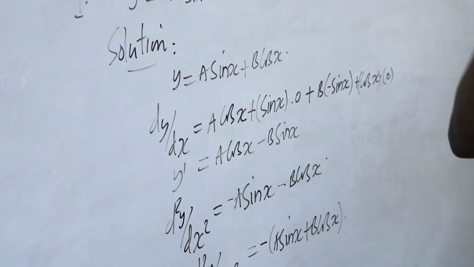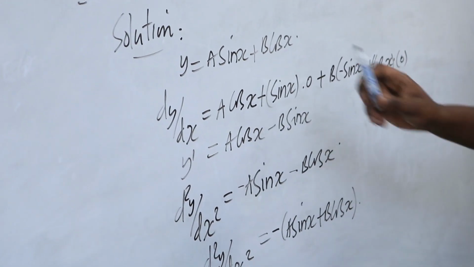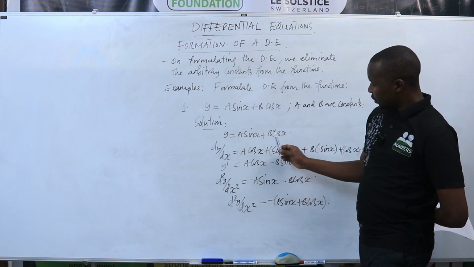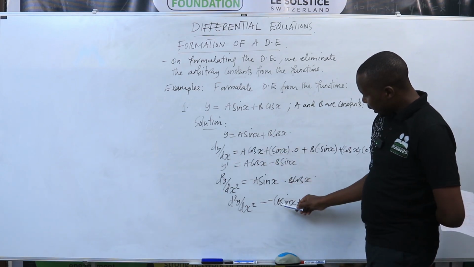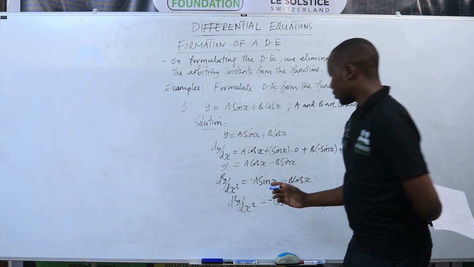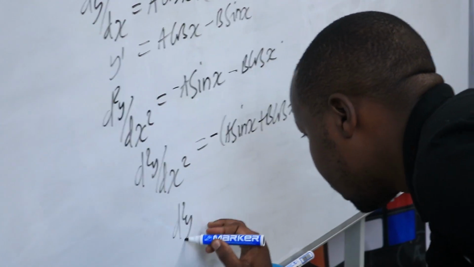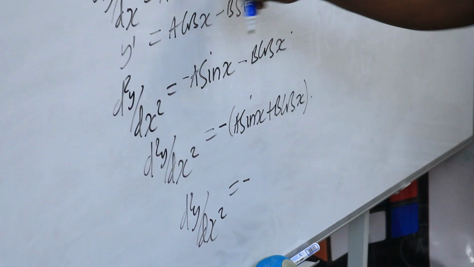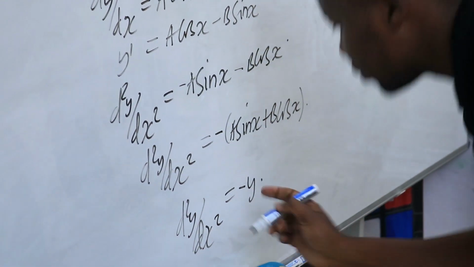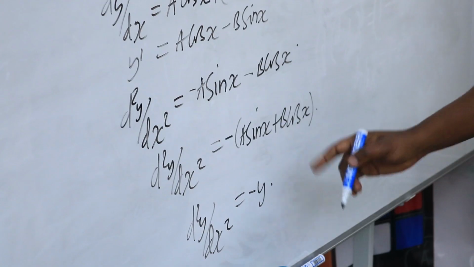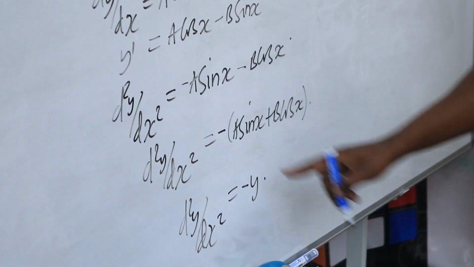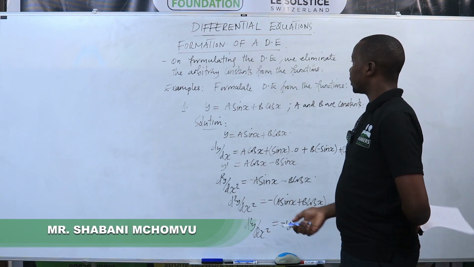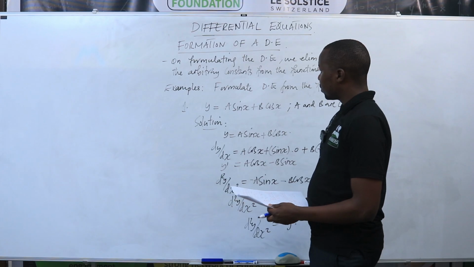With y from the functions. Because we don't want to see a and b, we are going to substitute y for a sine x plus b cosine of x. So here the second derivative equals negative y. Up to this point, you have removed the arbitrary constants a and b, and what you have now is an ordinary differential equation. That is example number 1.